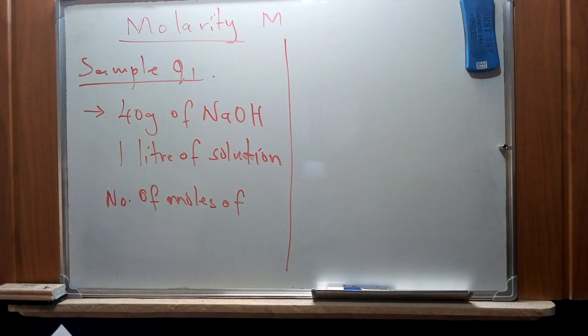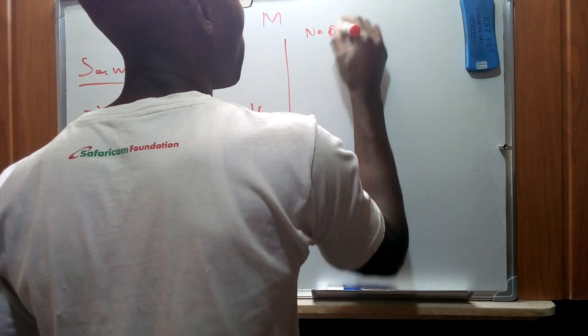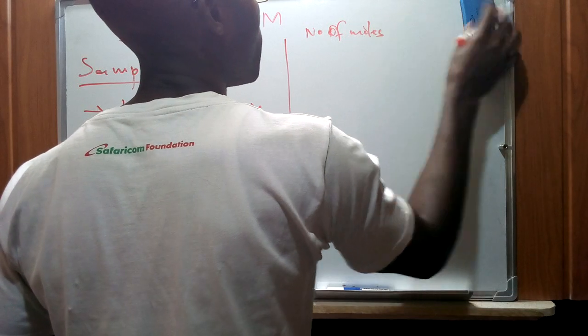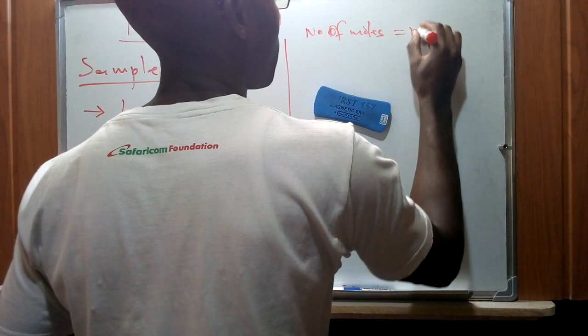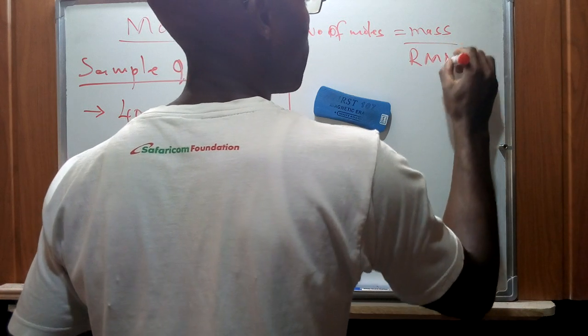The number of moles is given as the mass which has been dissolved over the relative molecular mass.